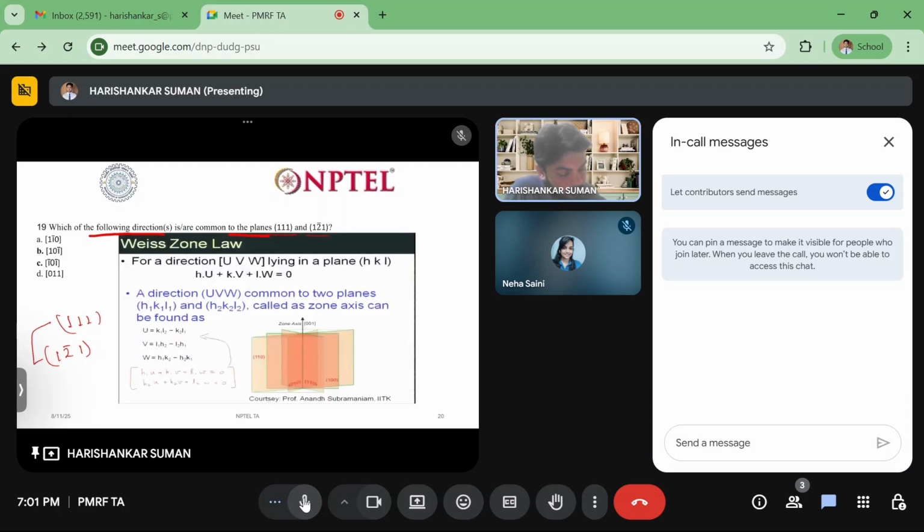For a direction UVW lying in a plane HKL, it should satisfy H·U + K·V + L·W = 0. So you have two HKL and now you have to find U, V and W. You can take 5 minutes for this question. Please try it yourself first and do the calculation. All are given here.